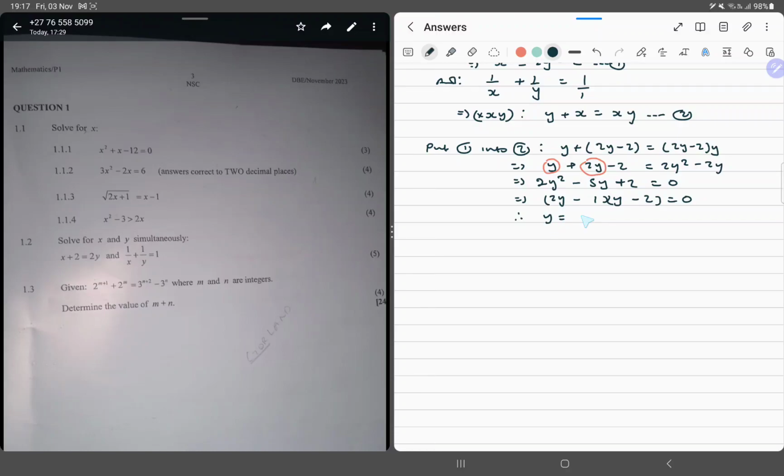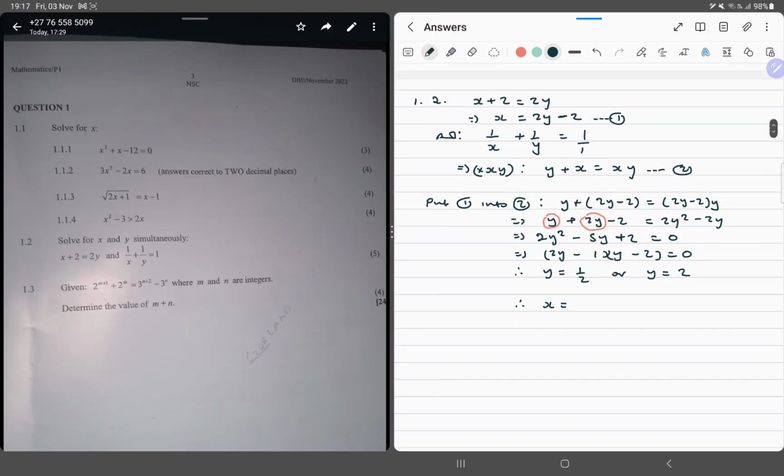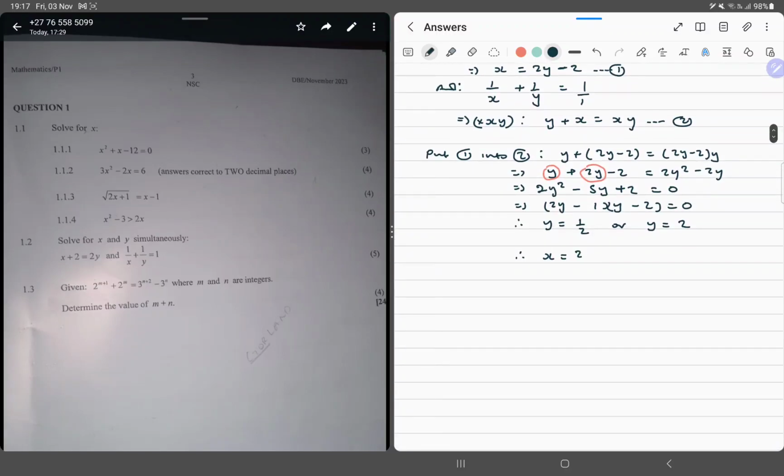So I know that my y is going to be a half, or y is a 2, and I know that I can conclude that my x is going to be essentially 2 into a half minus 2, or my x is going to be equal to 2 into 2 minus 2. Now that becomes 1. Okay, so 1 minus 2 is minus 1, and then here this is 4 minus 2, this is 2. Okay, all right, okay.